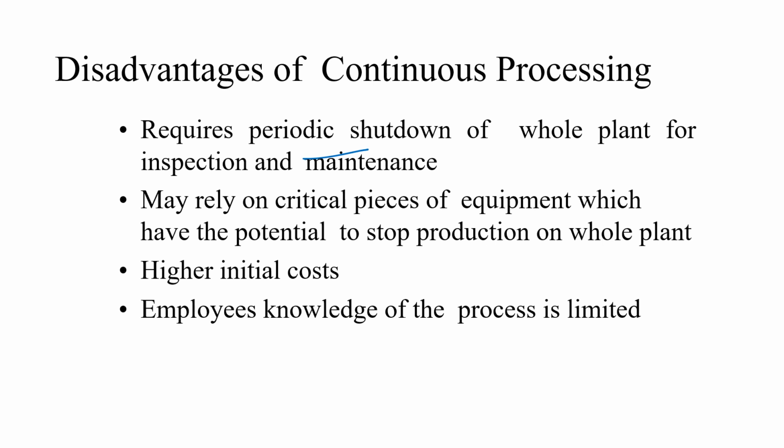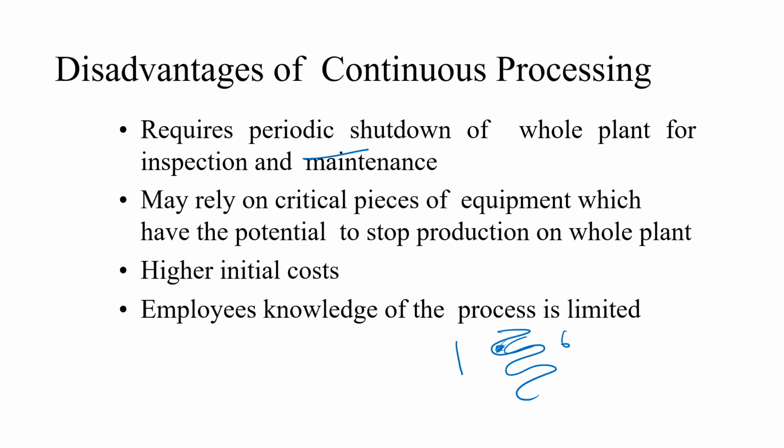For example, take this heat exchanger. This is a tube in which you pass hot water. If we wait for 6 months, three-fourths of the tube may be deposited with ash or salt. So in that case, we feel that frequent maintenance is important. So this is the problem in that.